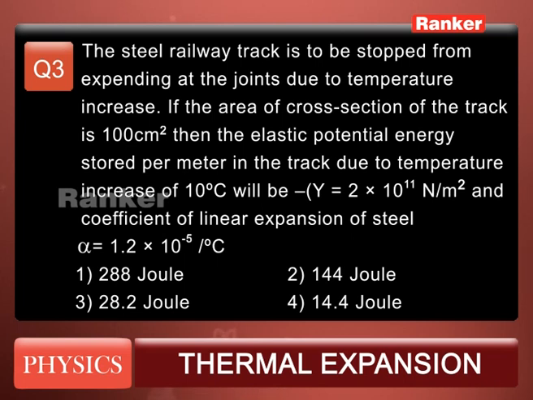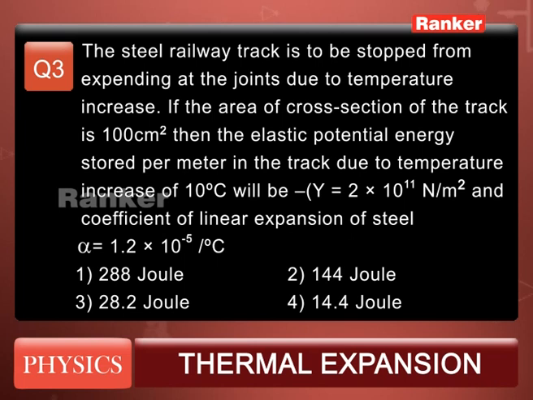If the area of cross section of the track is 100 centimeters square, then the elastic potential energy stored per meter in the track due to temperature increase of 10 degrees Celsius will be, where Young's modulus is given as 2×10¹¹ Newton per meter square and the coefficient of linear expansion of steel is given as 1.2×10⁻⁵ per degree Celsius. First option 288 joule, second option 144 joule, third option 28.2 joule, and the fourth option 14.4 joule.